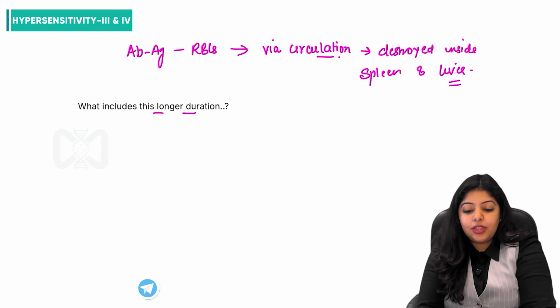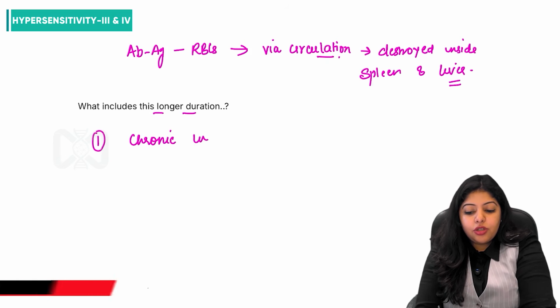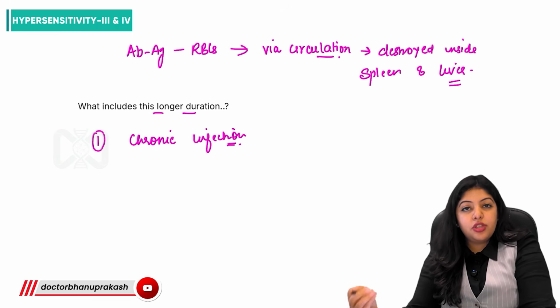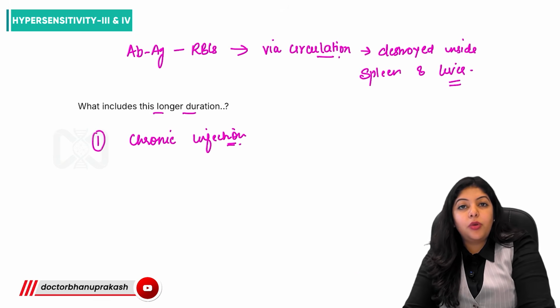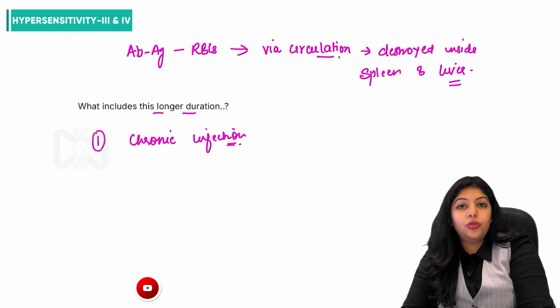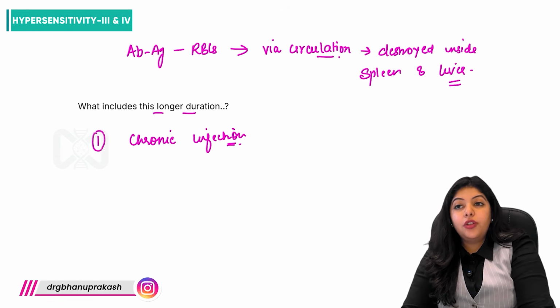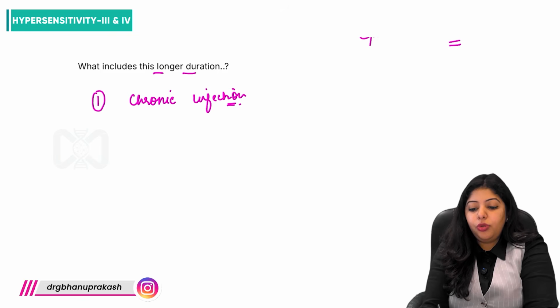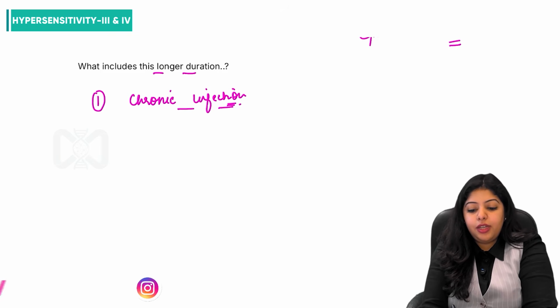Firstly, chronic infections, when there is a lot of antigen presented inside our body. A lot of antibodies are formed for those antigens, and this cycle continues for a longer period of time. When this occurs, a lot of tissue destruction happens, right? So one is chronic infection.